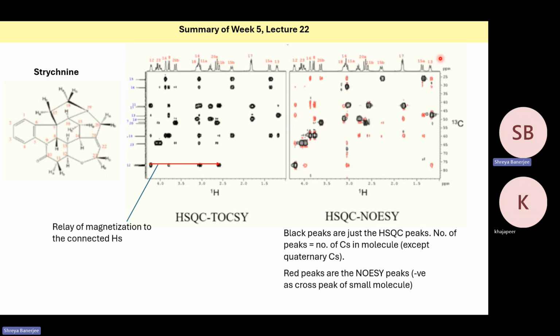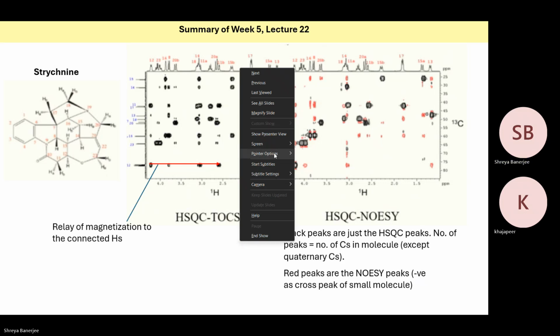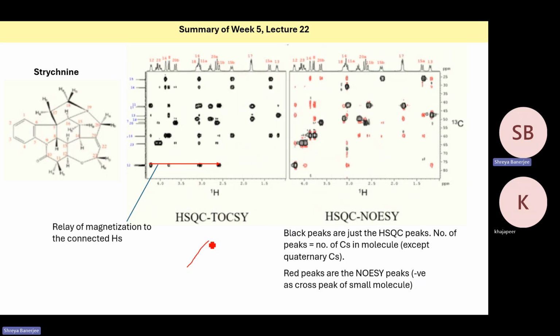If you remember, in one of the previous classes we had seen that when we have a small molecule and we do the NOESY spectra of that small molecule, we had seen this kind of spectra. Just imagine these are the diagonal peaks and these are the cross peaks. For a small molecule NOE spectra, the diagonal peaks were positive like this and the cross peaks were negative. They are going below the plane.